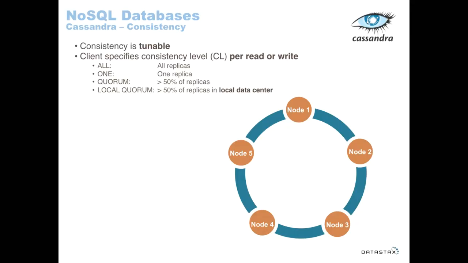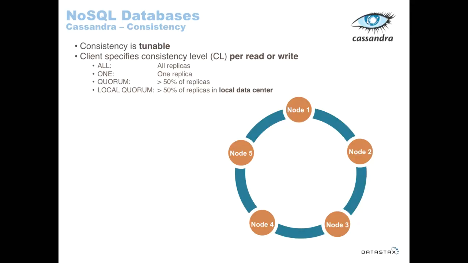These are 4 of them. All means you want consistency across all replicas. Now, you don't want to specify all all the time, because then you're forcing Cassandra into a completely consistent database, which will significantly degrade performance.